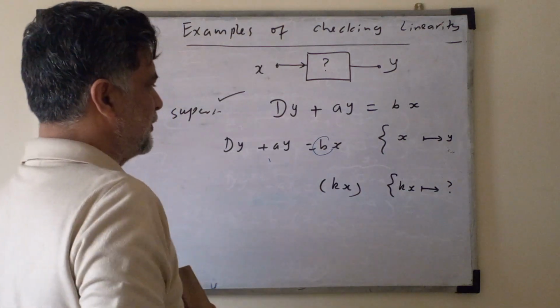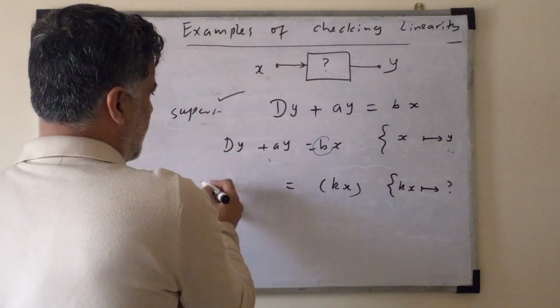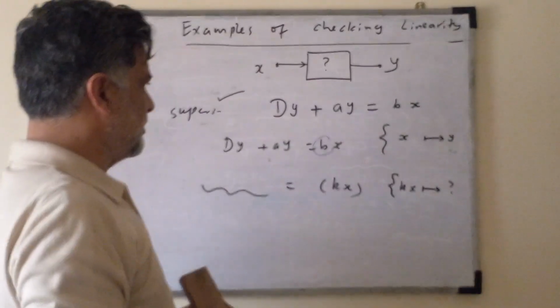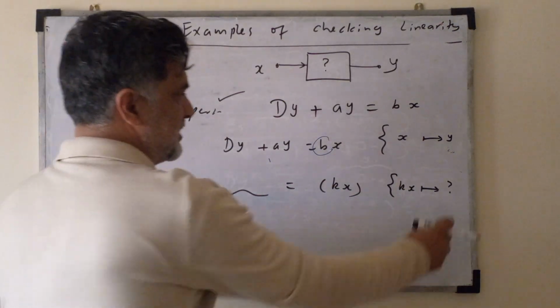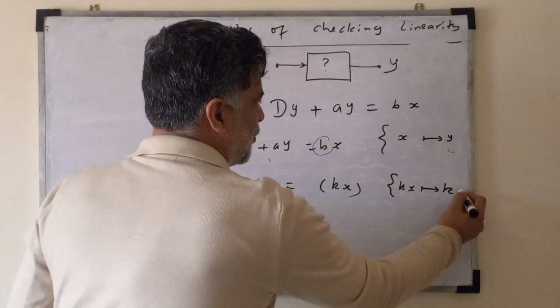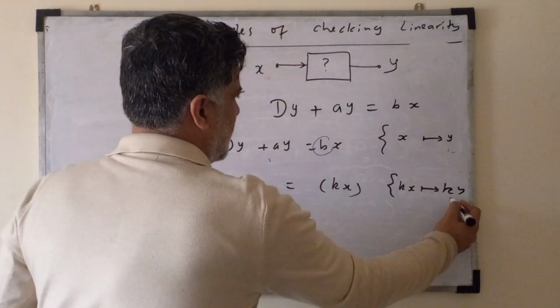I want to show that I get something on this side similar to as if it was k times y. This is to be shown.